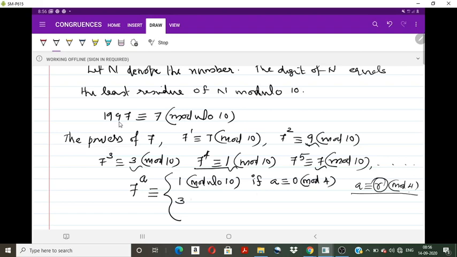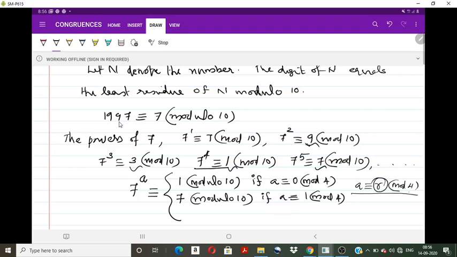Now, when A is congruent to 1 modulo 4, it is 7. We can write like that. So this is congruent to 7 modulo 10 if A is congruent to 1 modulo 4.